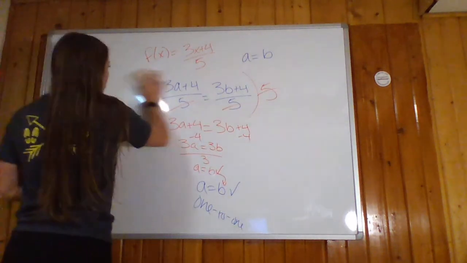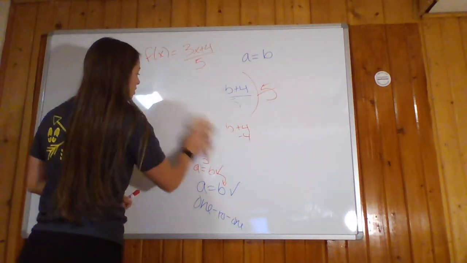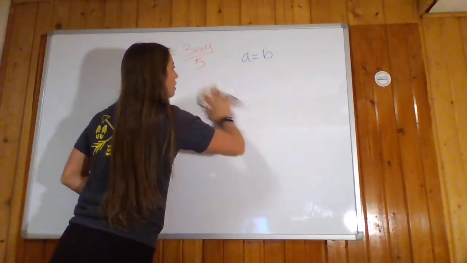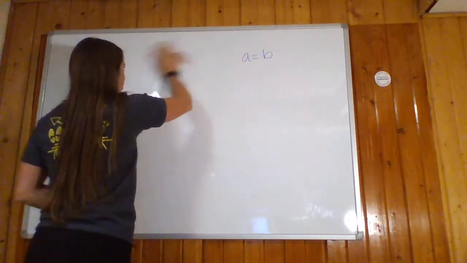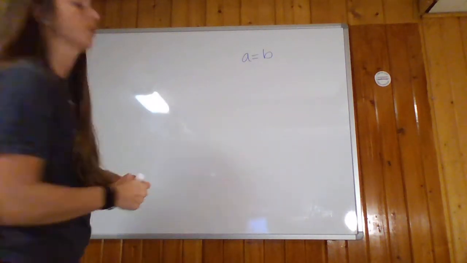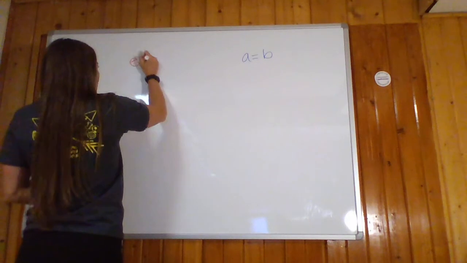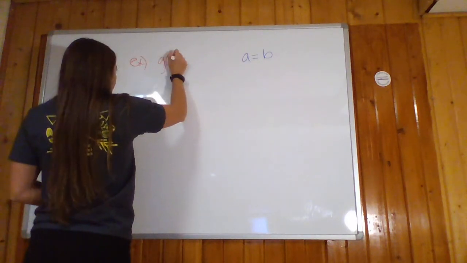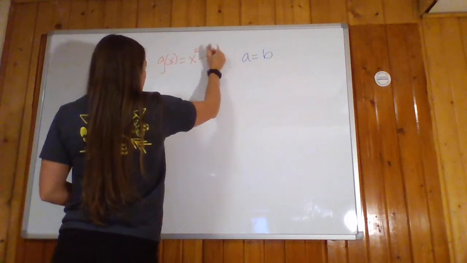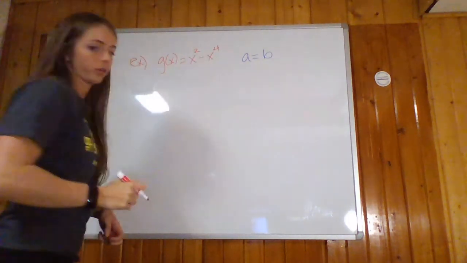Okay, so let's go to another function. You can kind of tell early on whether or not they're one-to-one based on the way that your process is happening. So this is going to be x squared minus x to the 4th.